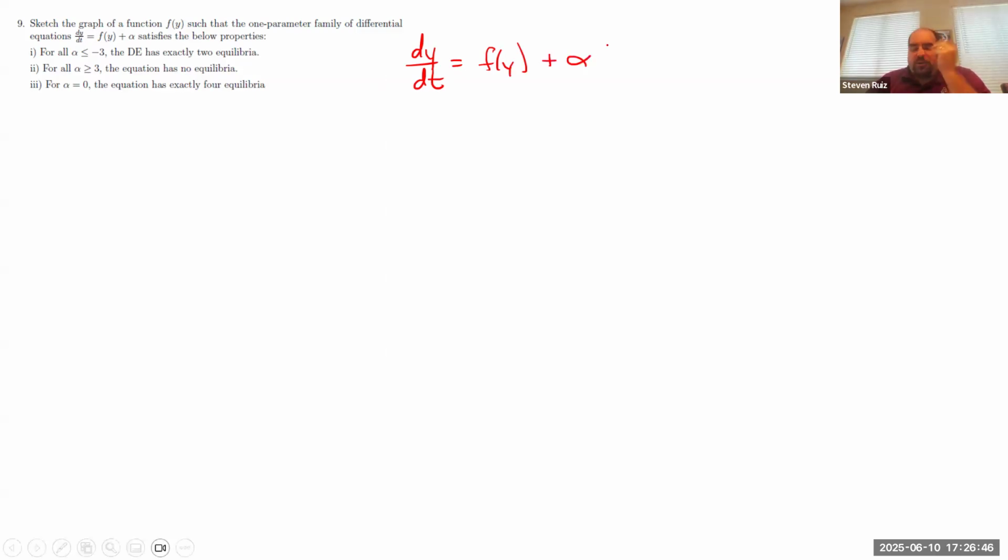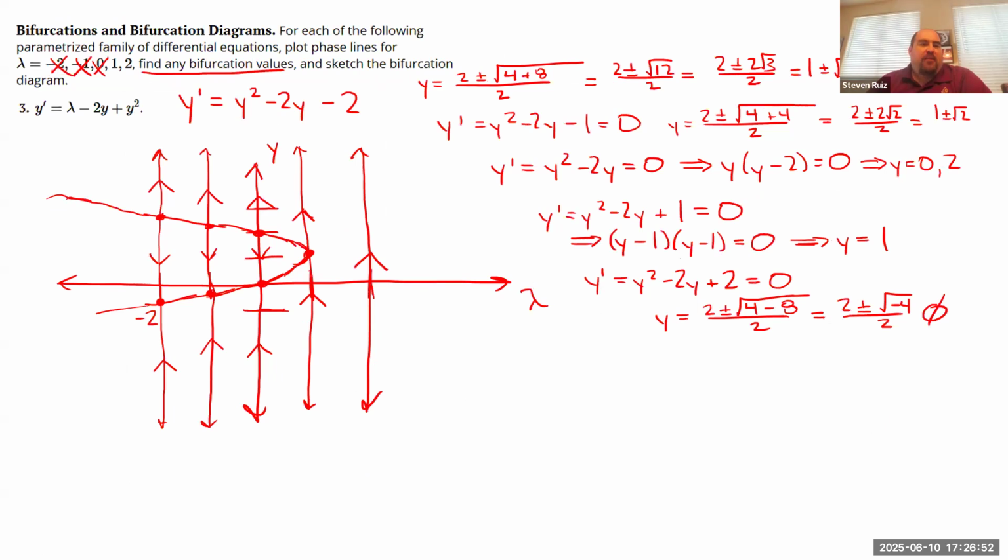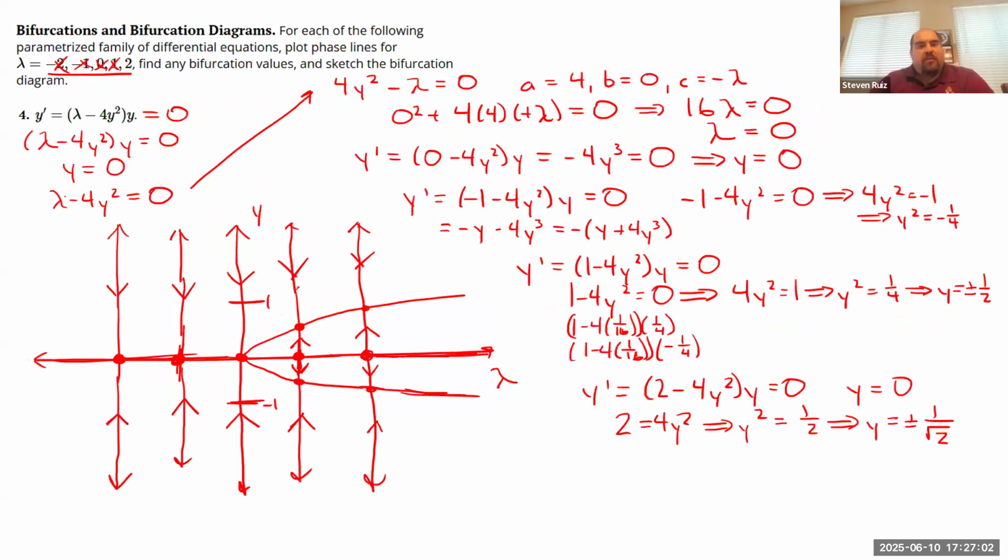So what does our parameter do? For example, if we look at some of our other equations I gave you, like this parameter lambda, I'm adding lambda, which means I'm shifting the entire function up and down. In this case, lambda is doing something totally different, because I'm essentially multiplying lambda by y and subtracting 4y squared from it.